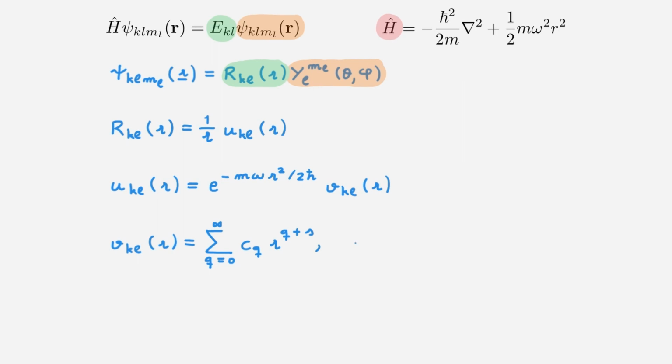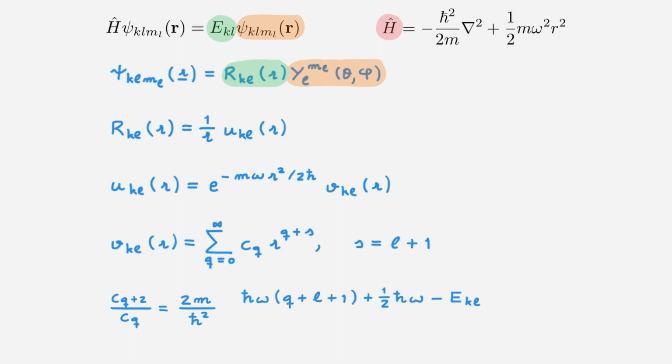And the lowest power s in the expansion is equal to L plus 1. Finally, we've shown that the expansion coefficients obey a recurrence relation between c_{q+2} and c_q, which is equal to this prefactor multiplied by this long numerator over this long denominator.